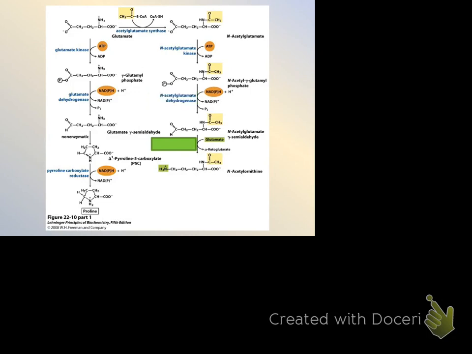N-acetylglutamate, gamma. Well, N-acetylglutamate dehydrogenase. But if you wrote out N-acetyl gamma glutamyl phosphate dehydrogenase, I would give you the points for that. Everyone in the field would know exactly what you're talking about because you say what the substrate was, the enzyme's family name, and everything.